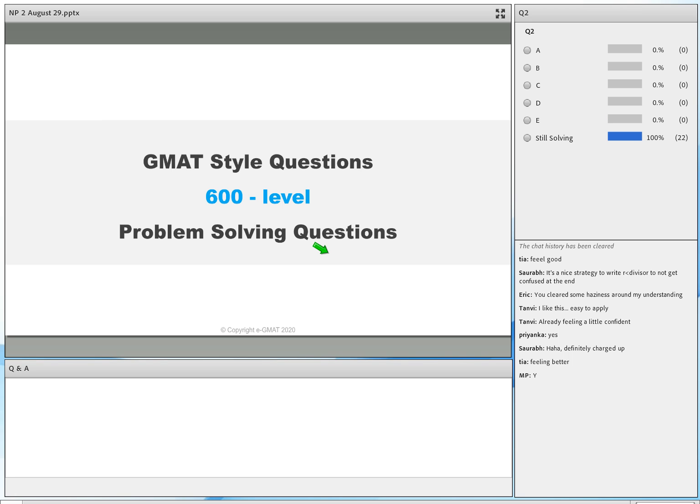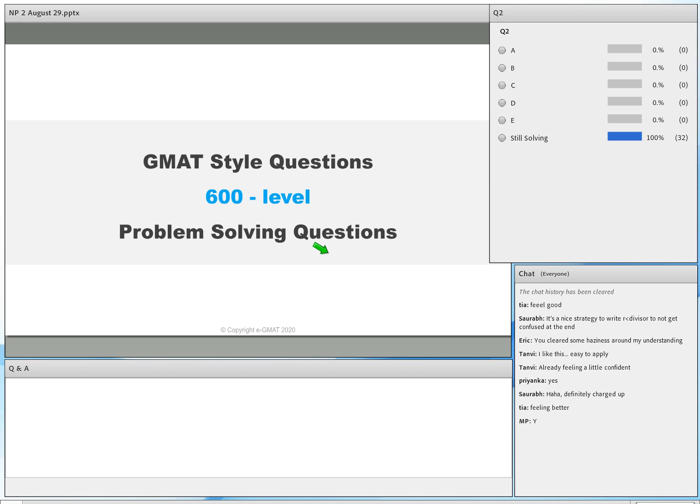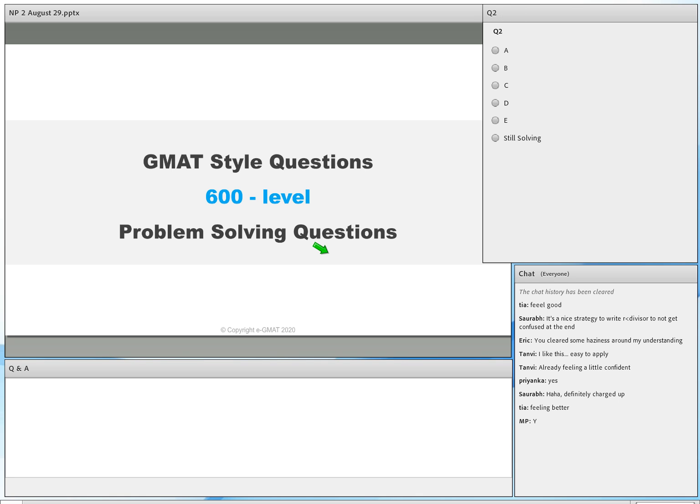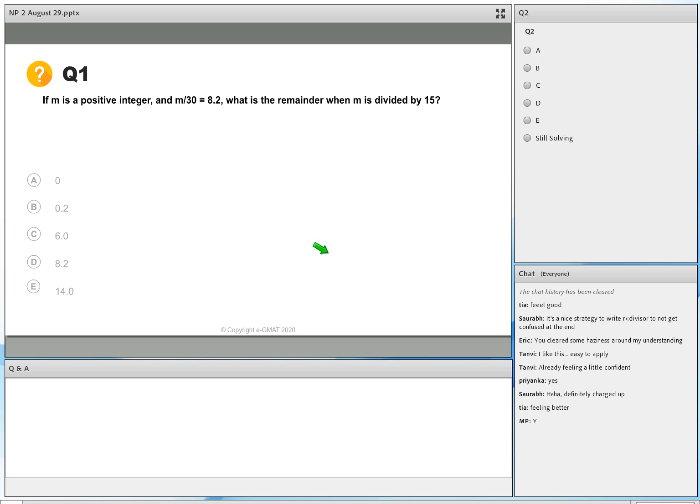Question coming up very soon. Anybody else ready for the question? Mark still solving. I want you all to be able to affect the timing from here on. We're going into GMAT style questions now. Here's the first one. Good luck.